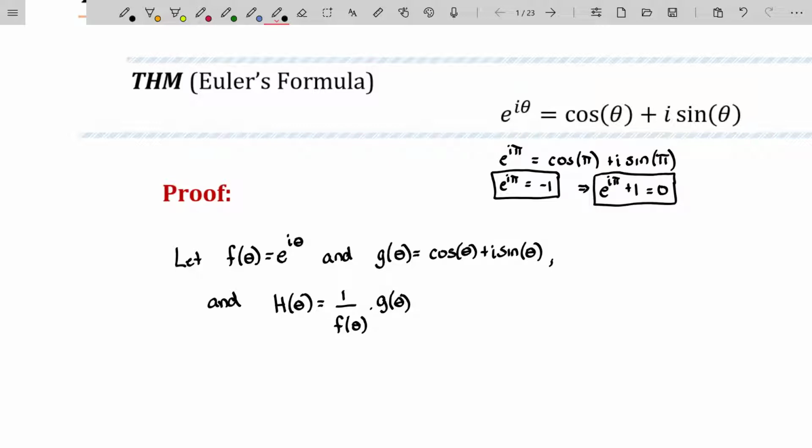And if that's the case, we will have proven that these two functions are equal to each other, and therefore Euler's formula is true. Now, one thing that you should note is that 1 over f is just e to the negative i theta. That's okay. And then obviously g of theta is the cosine of theta plus i sine of theta.